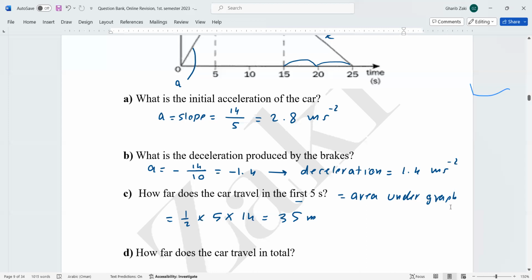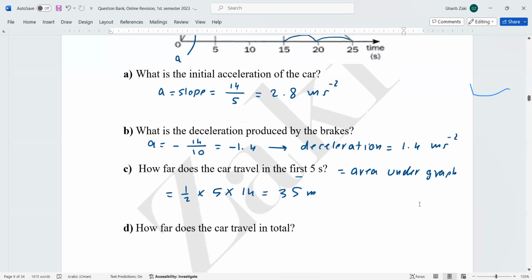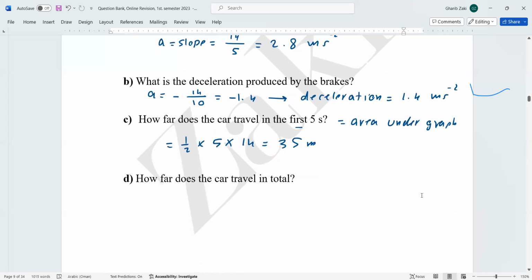Now, how far does the car travel in total? We need the total area under the graph. The total area is the area of a trapezium. If we have a trapezium with parallel sides A and B and height h, the area equals half the sum of the parallel bases times the height.